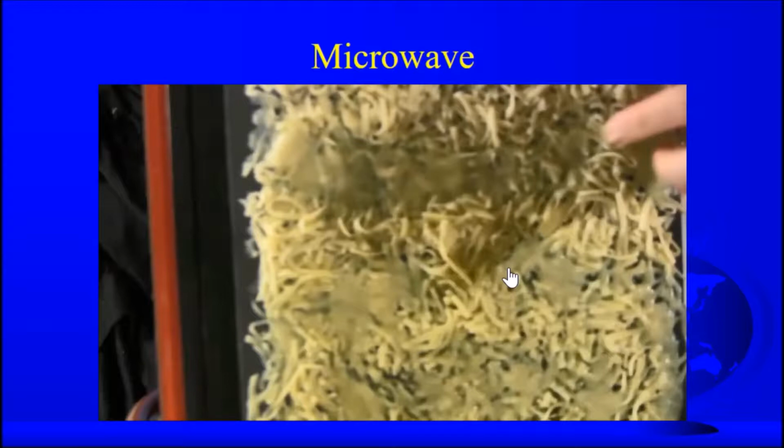Microwaves are inches apart. So guess how wide these microwaves are? The microwaves are this far apart. So it's only going to melt where the microwave comes in contact with the water.